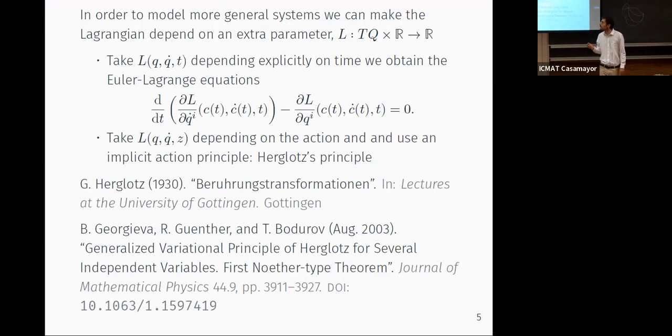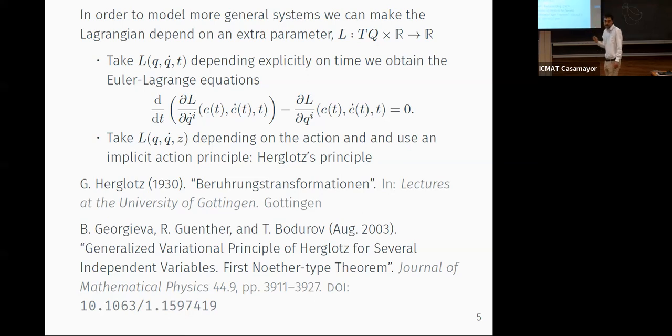One thing you can do is to add one extra parameter to the Lagrangian. So now it's not a function on the tangent bundle, but on the tangent bundle times R. Apart from positions and velocities, it depends also on one extra parameter. One possible choice is to take time as this extra parameter. Then, if you apply the variational principle again, you get the Euler-Lagrange equations, but now the Lagrangian depends explicitly on time.